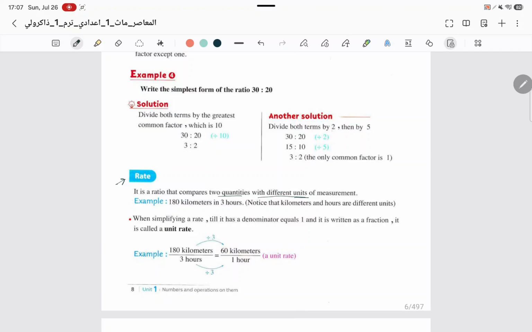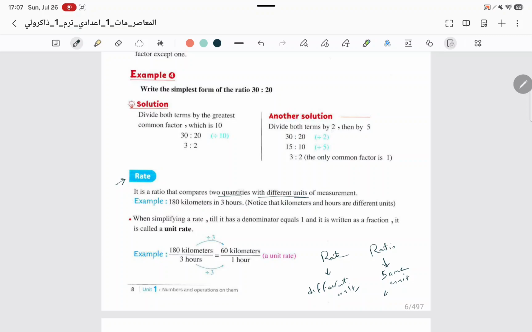So what is the difference between rate and ratio? The rate compares two quantities with different units, but a ratio compares two quantities with the same unit.